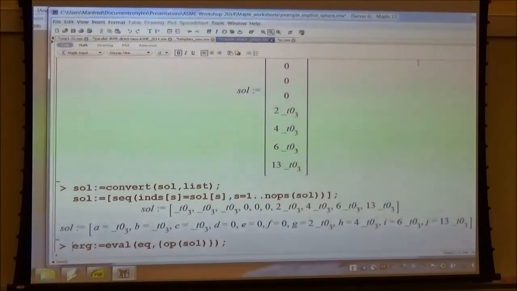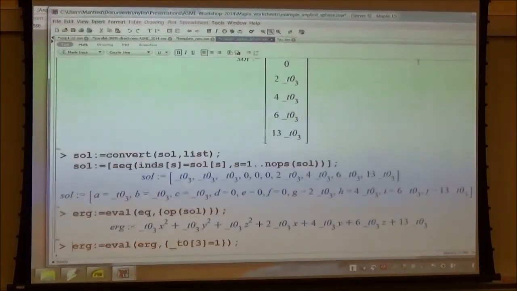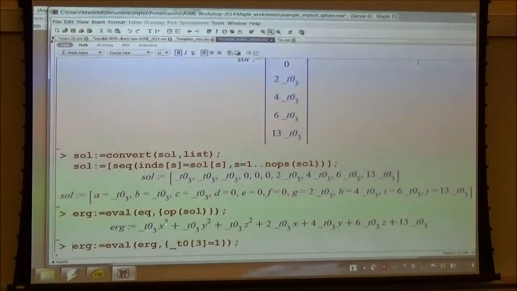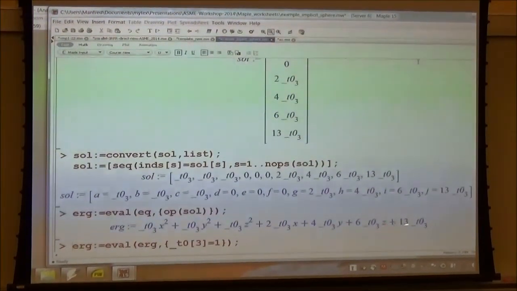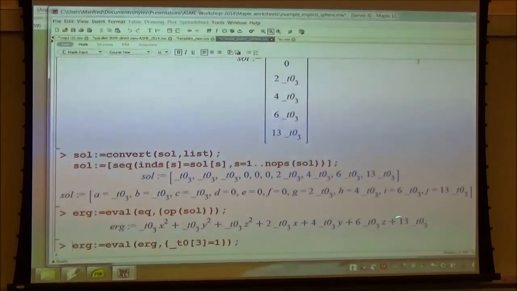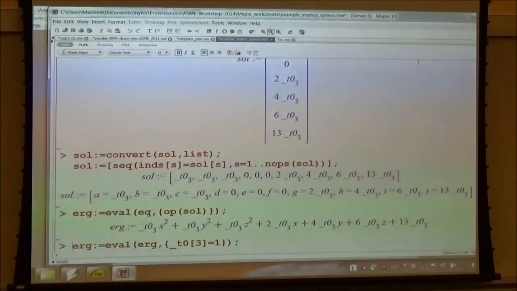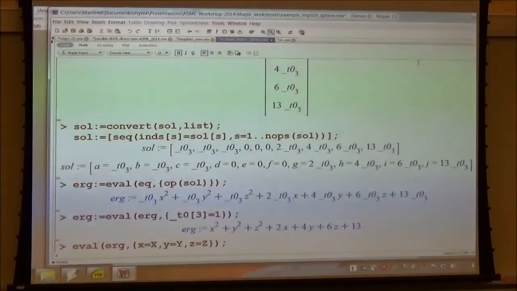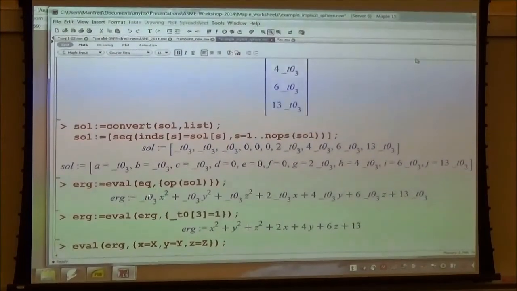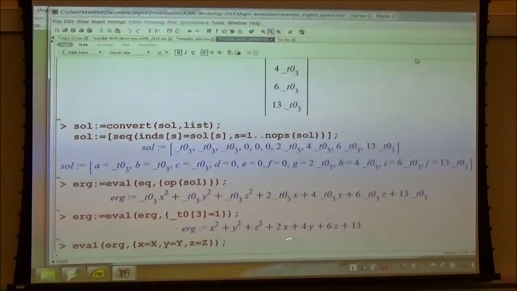The other ones will give you, of course, the quadratic equation of the sphere, x squared, y squared, z squared, x, y, z, and this one is the absolute term. Okay, I can make it a little bit nicer by just saying that this multiplication term is equal to 1. This is the corresponding implicit equation to our sphere.